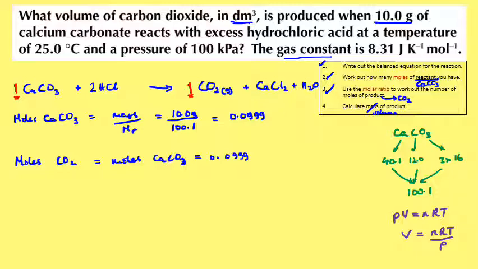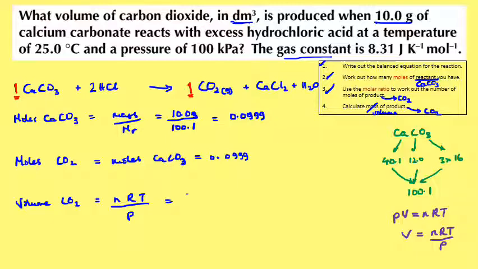Switching back to blue, we can now write down volume of our product, and the product in this case is CO2, of course. The volume of CO2 is going to be number of moles of CO2, RT, divided by the pressure.